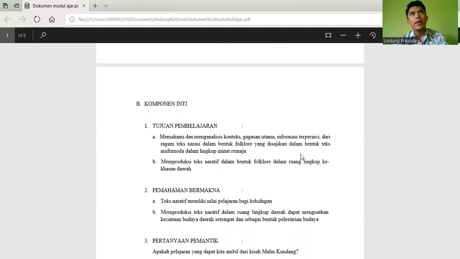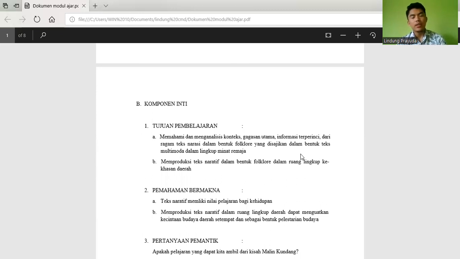Here, in tujuan pembelajaran, after I did the CP breakdown from the curriculum, I decided to create the learning objectives for the lesson.